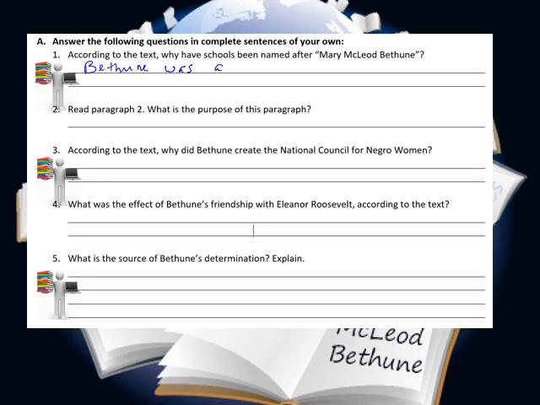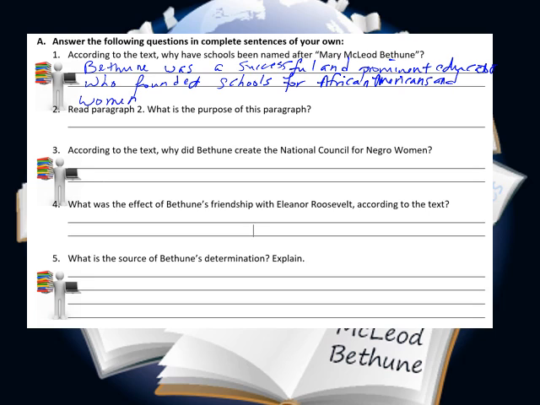Okay, so Bethune was a successful, well-known and prominent educator who founded schools and women's organizations.